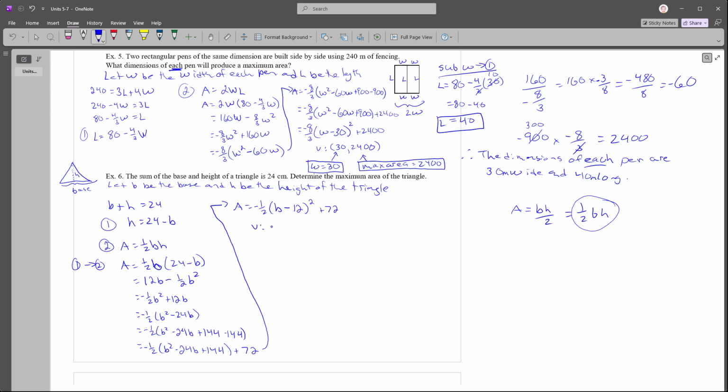Our vertex is at 12, 72. What does this actually mean? The 12 is our base. Base is equal to 12. And the 72 is our maximum area.